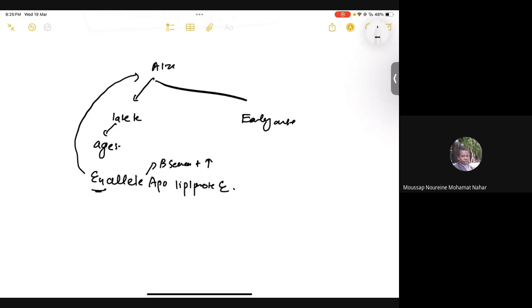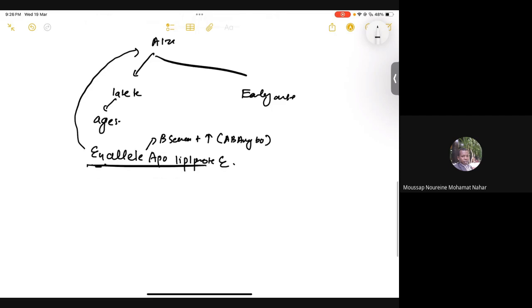And we already know that if the beta secretase activity increases, it would lead to a lot of A beta amyloid. If we have a lot of A beta amyloid, this individual will be more prone to develop Alzheimer's disease. Is that clear? E4.